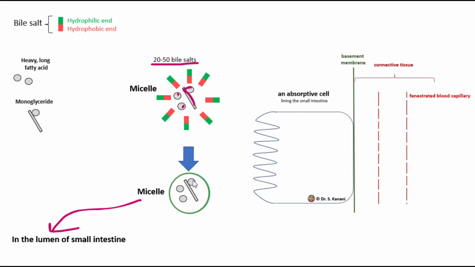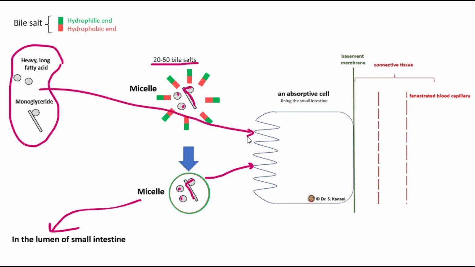So a micelle forms in the lumen of the small intestine, and the coat of the micelle is made of bile salts. Inside the micelle we can find monoglyceride and heavy chains of fatty acids. What a micelle does is help these hydrophobic molecules to be transported toward the microvilli of the absorptive cells. So think about formation of micelle as a strategy that bile salts use to transport these hydrophobic, large, heavy molecules toward the microvilli of the absorptive cells to allow them to be absorbed.